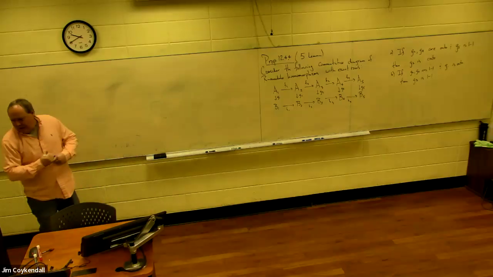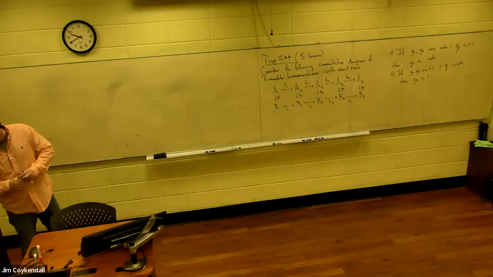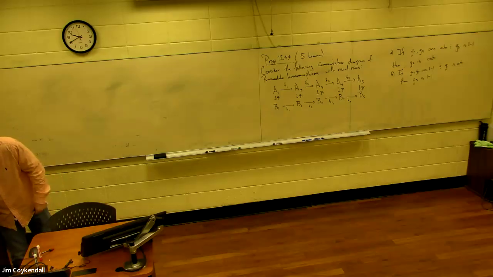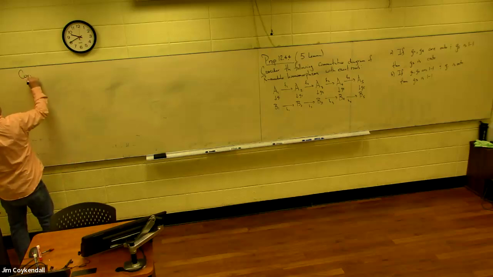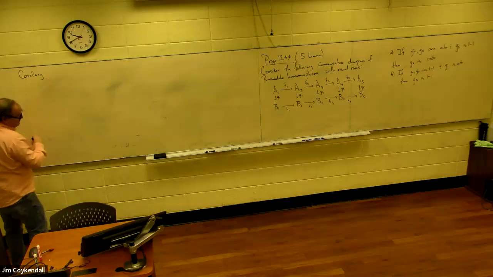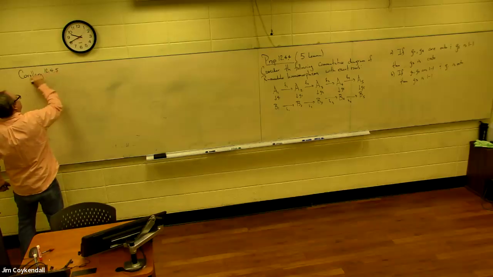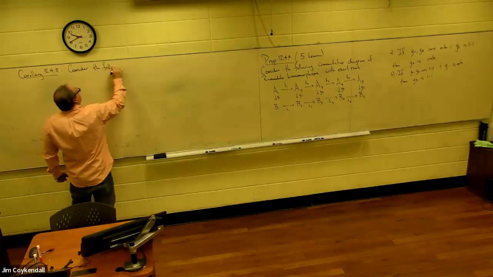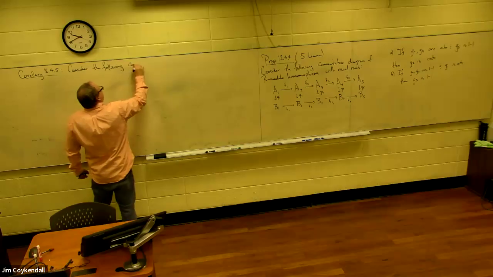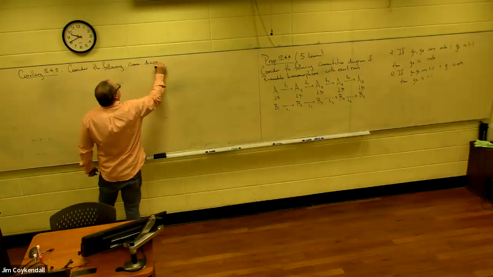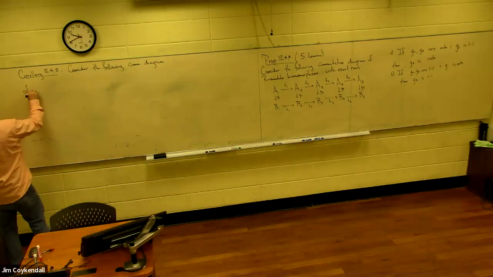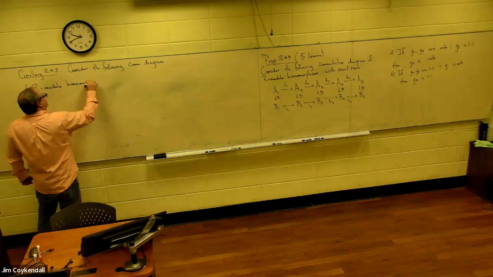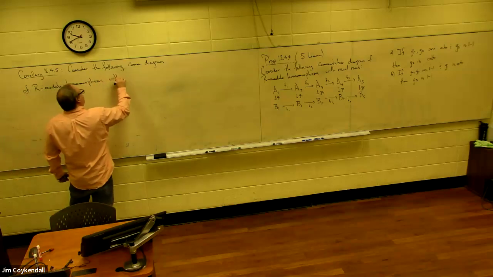Here's the corollary that I promised. This is called the short five lemma. Corollary. Consider the following commutative diagram of our module homomorphisms with exact rows.